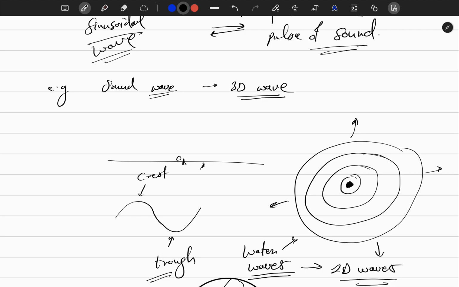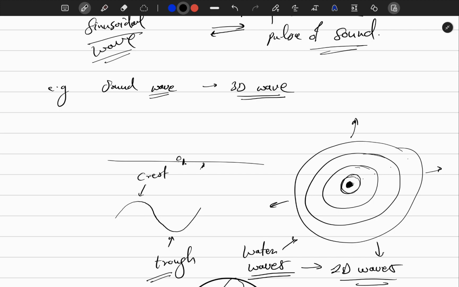So a progressive wave, that is a traveling wave, consists of a sequence of waveforms. So this is a first waveform, then another waveform. And what do these waveforms do? They transfer energy outward from the source. So the energy is carried by the waves.